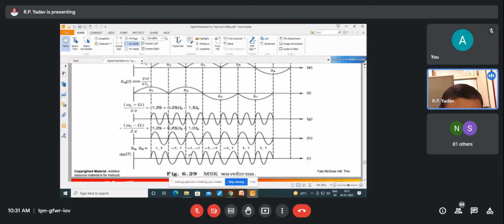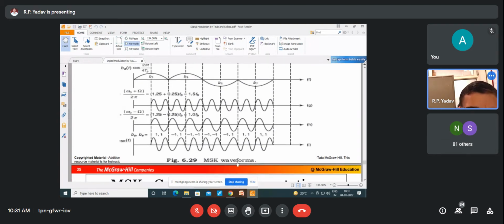For -1, I'll transmit this kind of resultant carrier, and similarly for all 4 combinations. How many combinations? 4 symbols. Since you are transmitting 4 symbols, that essentially means cos positive, cos negative, sine positive, or sine negative in one or the other frequency component. Understand?